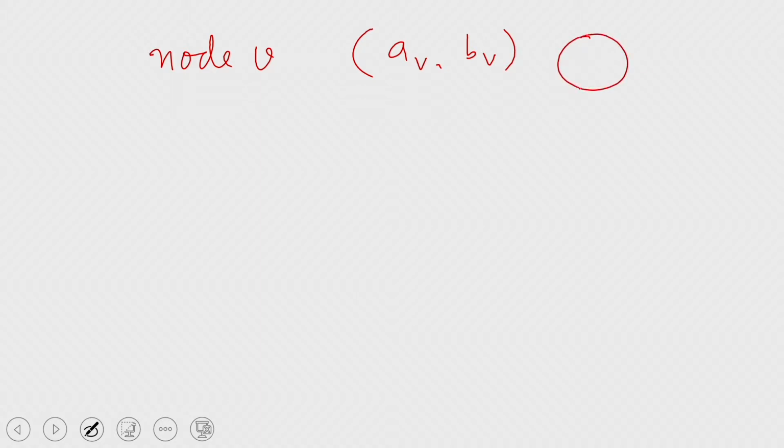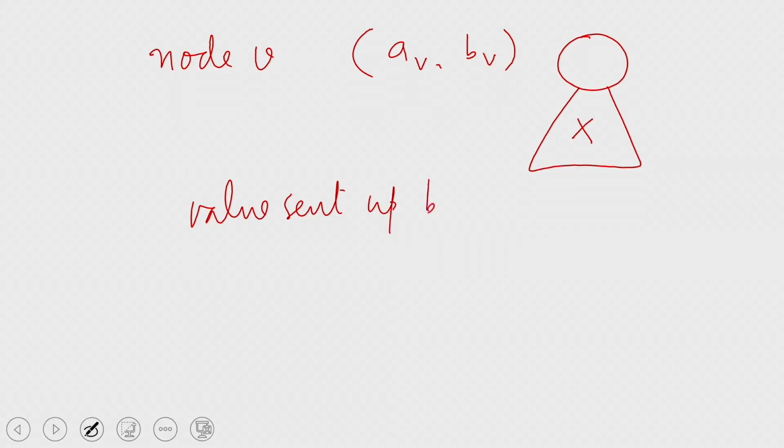Our idea is that when a node V with label AV, BV evaluates to x, that is, the subtree which is rooted at the node evaluates to x, let us say, then the value sent up by the node to its parent is AV times x plus BV.